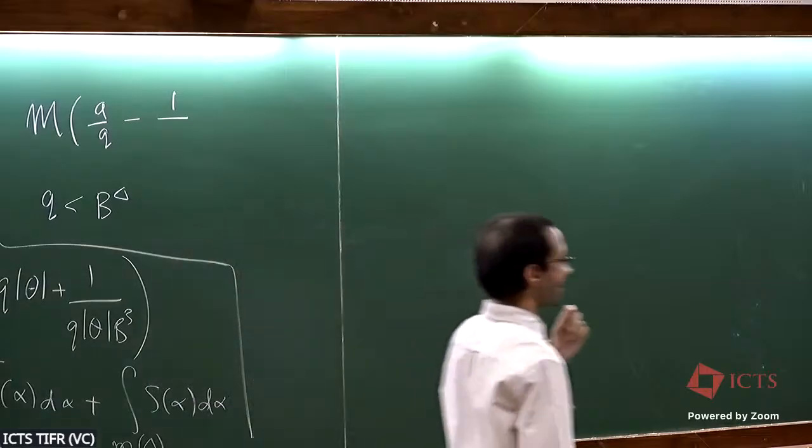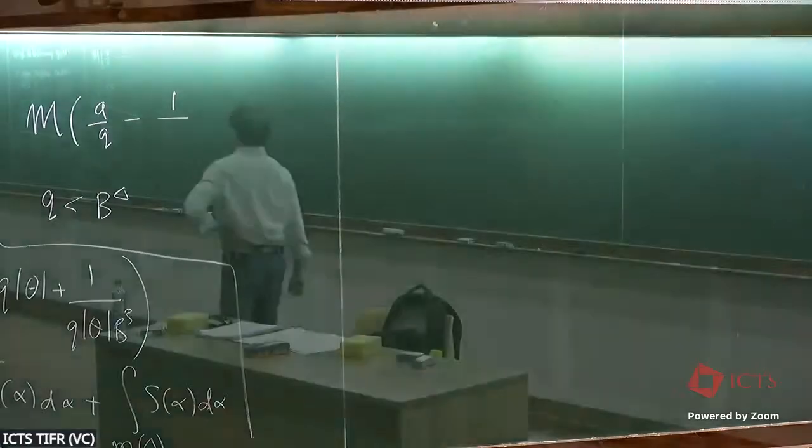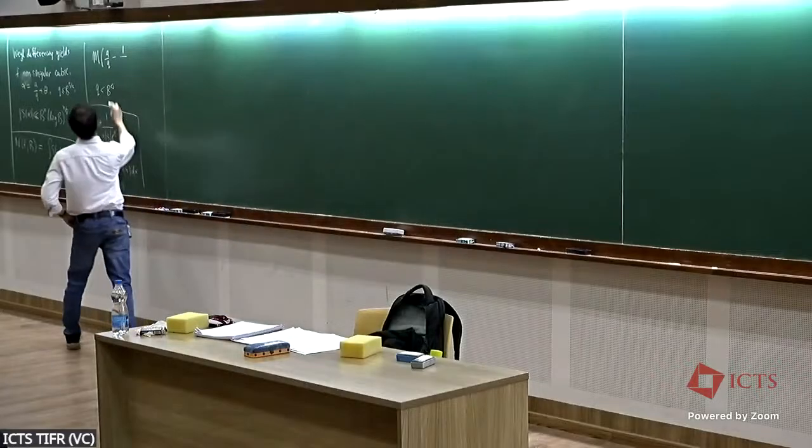Yeah. So then we had chosen our major arcs and minor arcs so that for major arcs we get that q goes up to B to the delta, and how big do we choose these theta? That is going up to B to the minus 3 plus delta. Something like so, q B cubed.